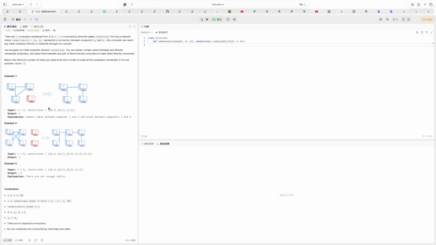I am not sure, if we have 2 groups, then maybe we have 10 nodes like this, so for 10 nodes we need at least 9 cables, and now currently we have 3, 5, 8. Okay, so it's not enough.